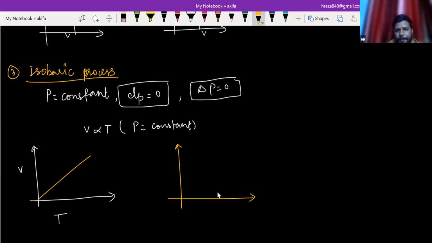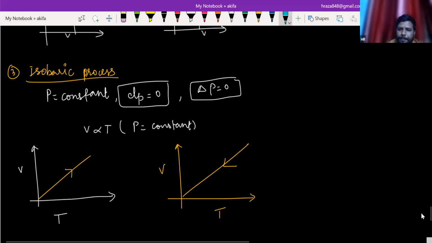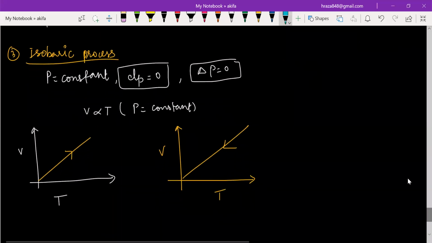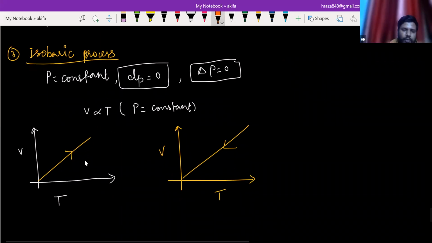Please name it. One of the graphs will be like this and one of the graphs will be like this, right? Since pressure is constant, so isobaric, and the volume is increasing, that's why expansion.